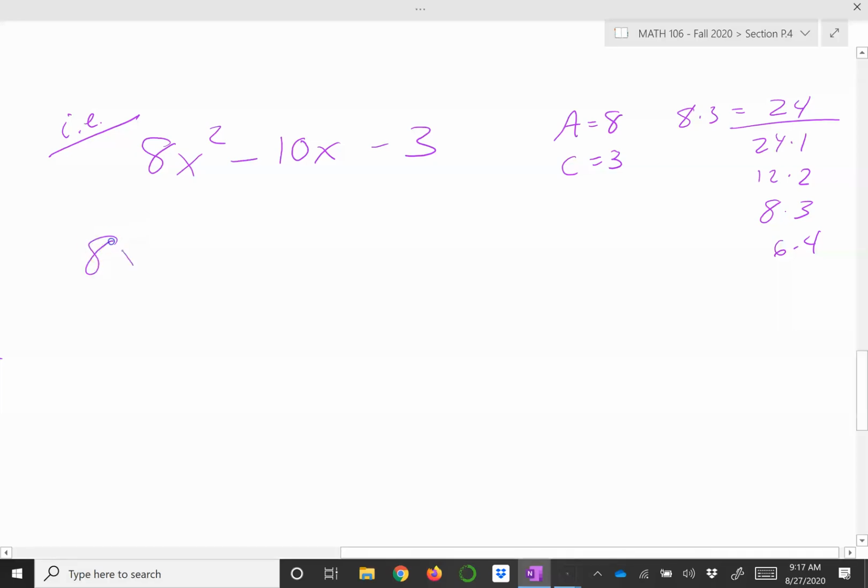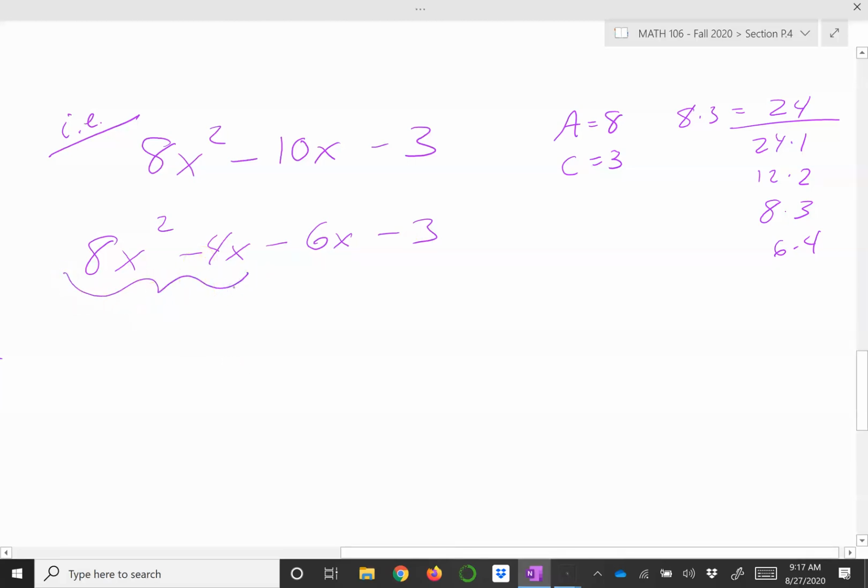So we have 8x squared, and then to split negative 10x, I'm probably going to put the 4 first. So negative 4x minus 6x minus 3. So that works. So far, so good. Let's factor by grouping. Oh, that was a terrible parenthesis.